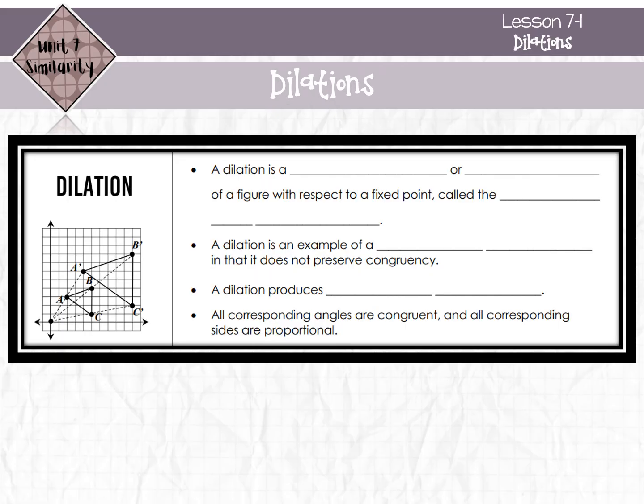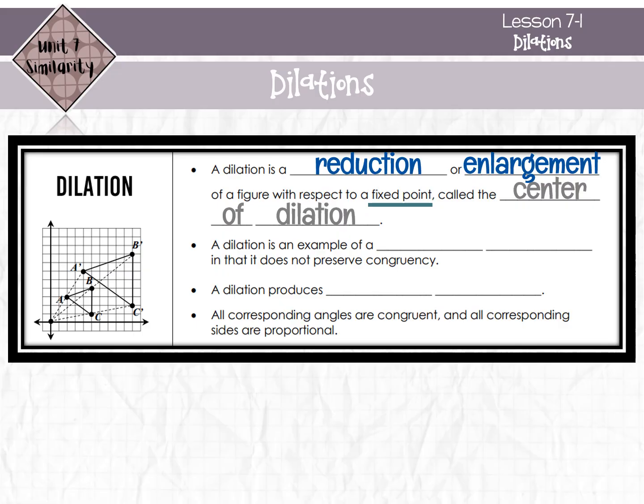Dilations. A dilation is a reduction or enlargement of a figure with respect to a fixed point called the center of dilation. In the coordinate plane to the left, the center of dilation is the origin, and that is predominantly what we will be using for the center of dilation.